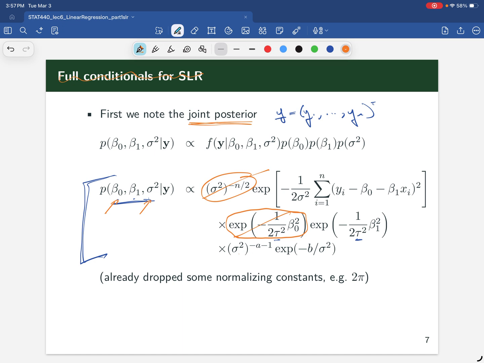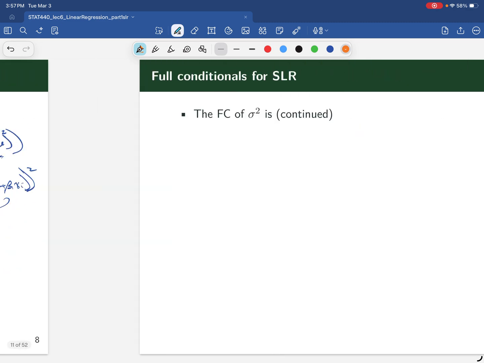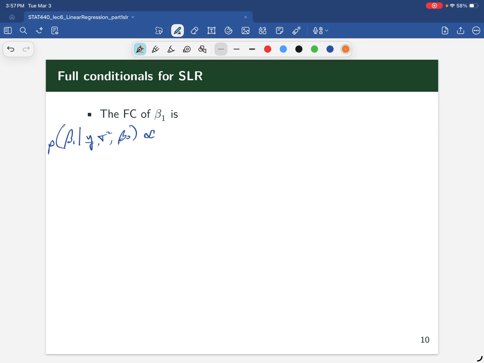And this is just a number and I can ignore it. And all I am left with are the two expressions that we see there on the slide. So the first step in getting our full conditional will be to just copy what's left there. And so we get, so our posterior is going to be proportional to, let's change that color.